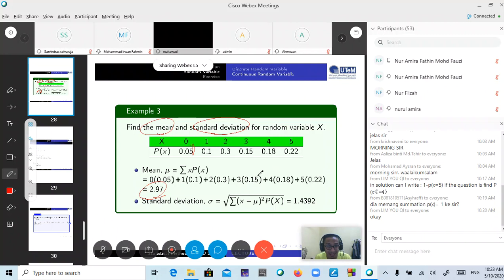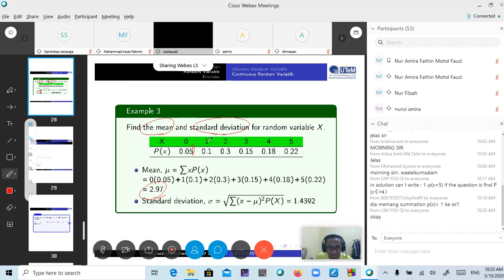Okay, and then standard deviation also same thing, summation. Yang ni panjang sikit lah. You kena tambah satu lagi table kolom kat bawah ni. You buat x minus mu. So maksudnya 0 minus 2.97 square times by 0.05. Tu siap baru untuk 1 plus.